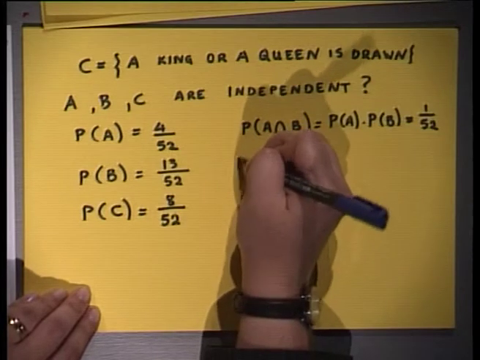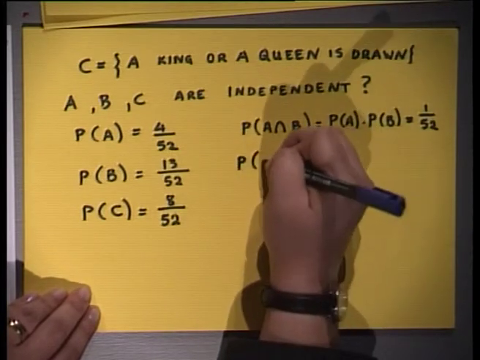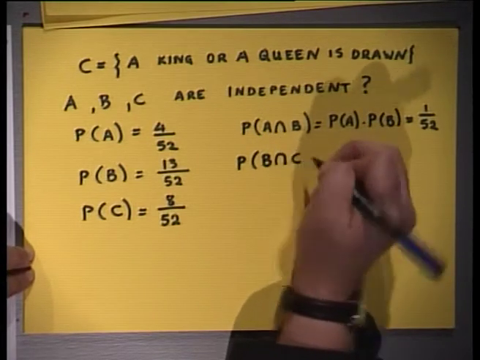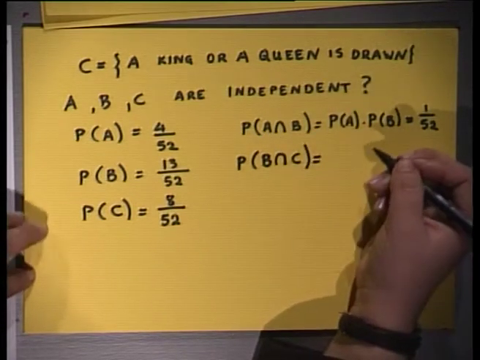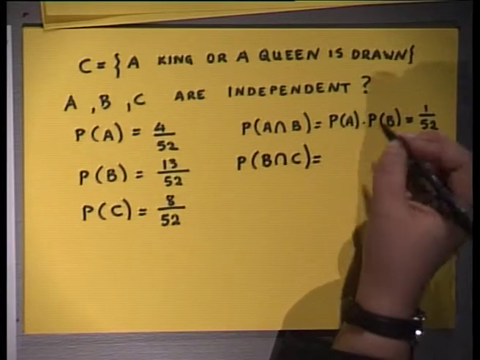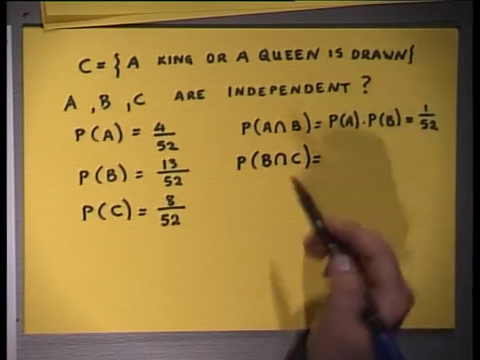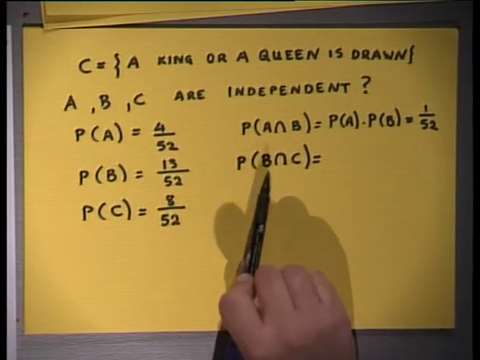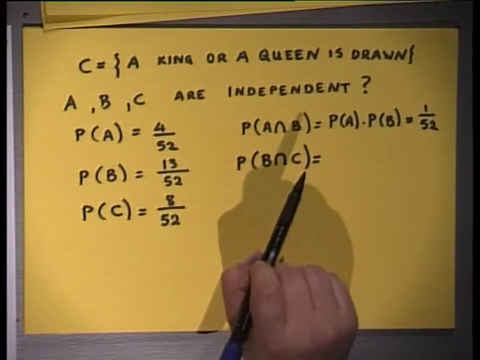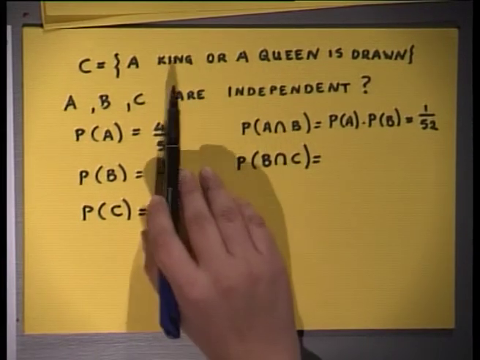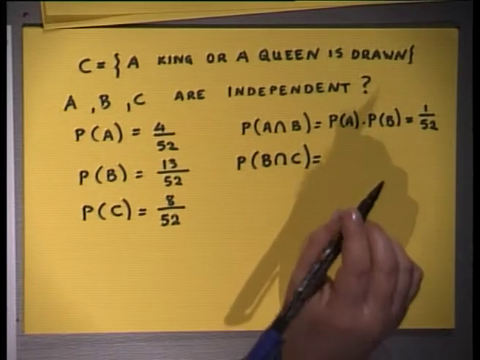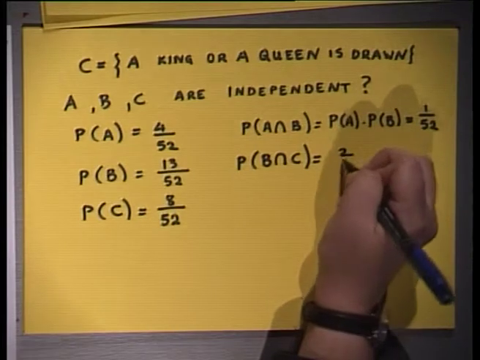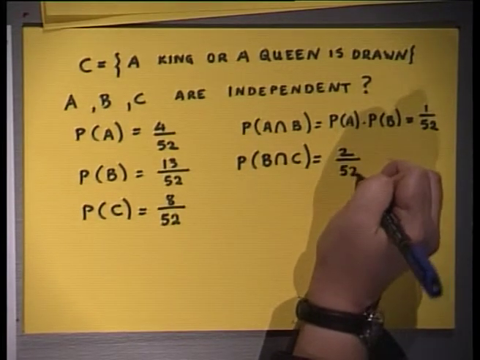And the probability of B intersection C, we calculate the probability of drawing a spade and a king or a queen, will be 2 out of 52.